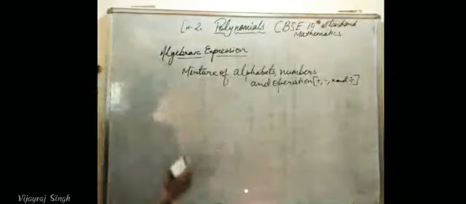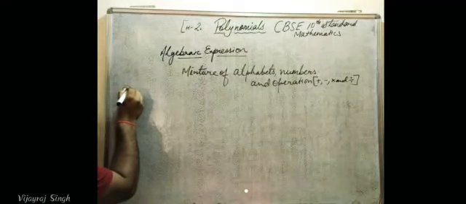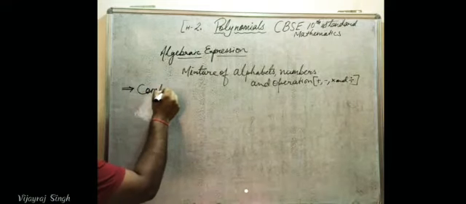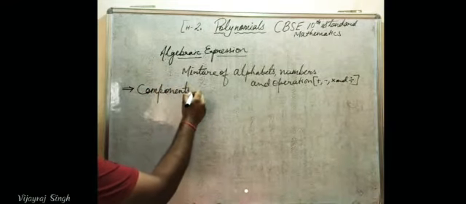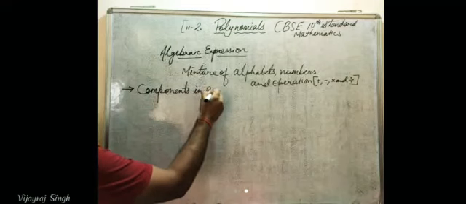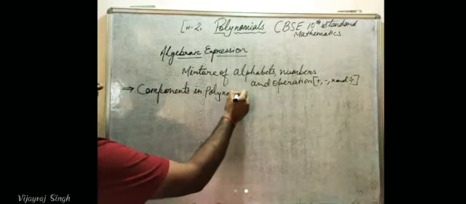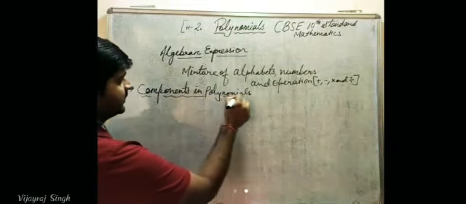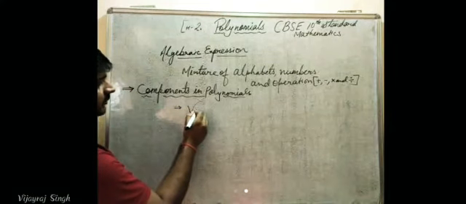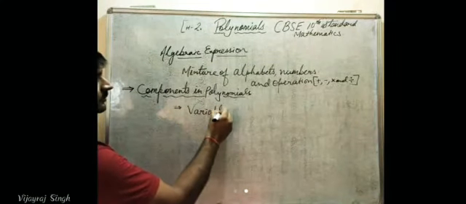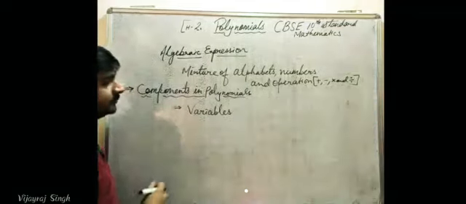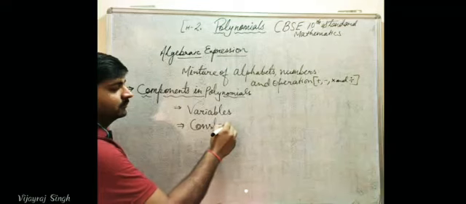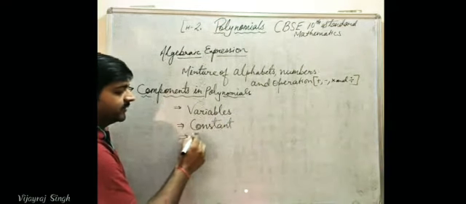So let's discuss first of all what are the components in polynomials. If I talk about its components, so first is called variable. Without this we are unable to write anything. Variable, constant and coefficient.